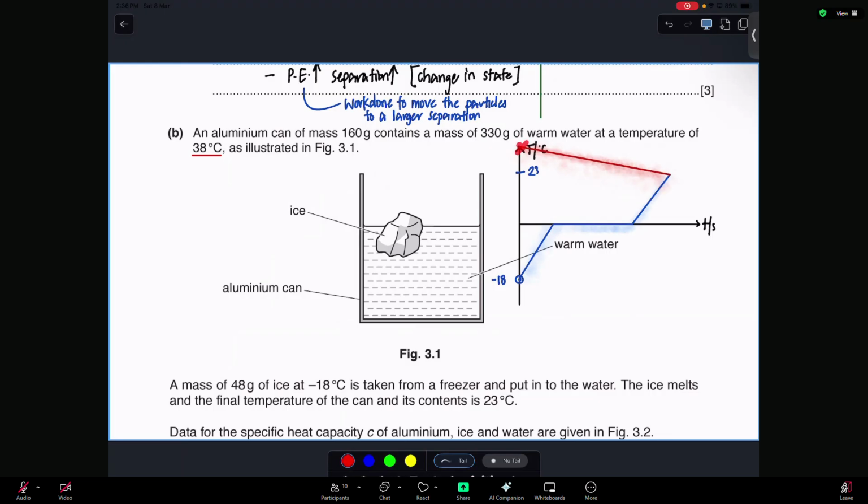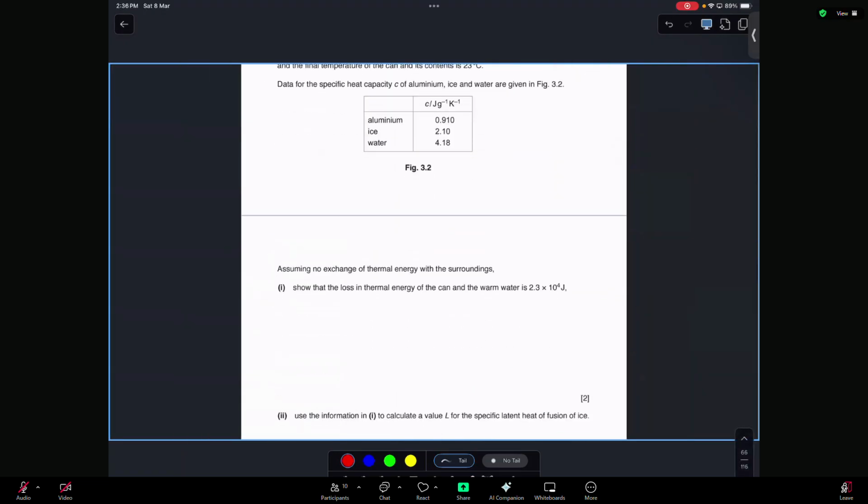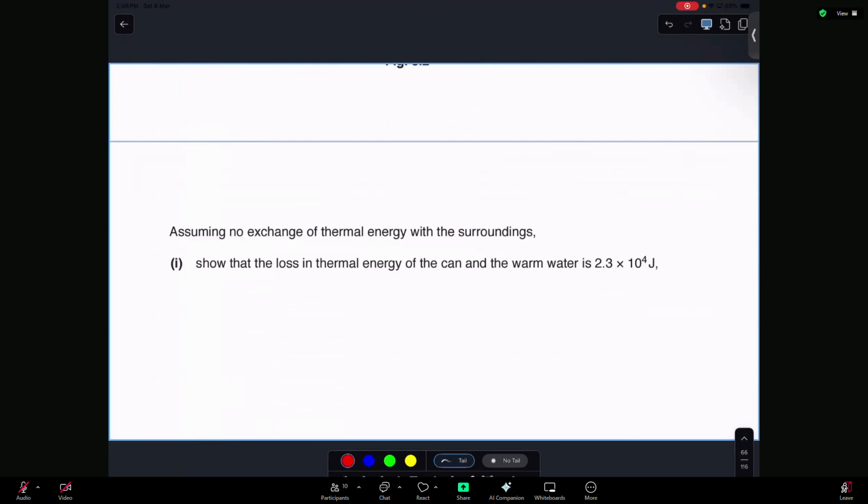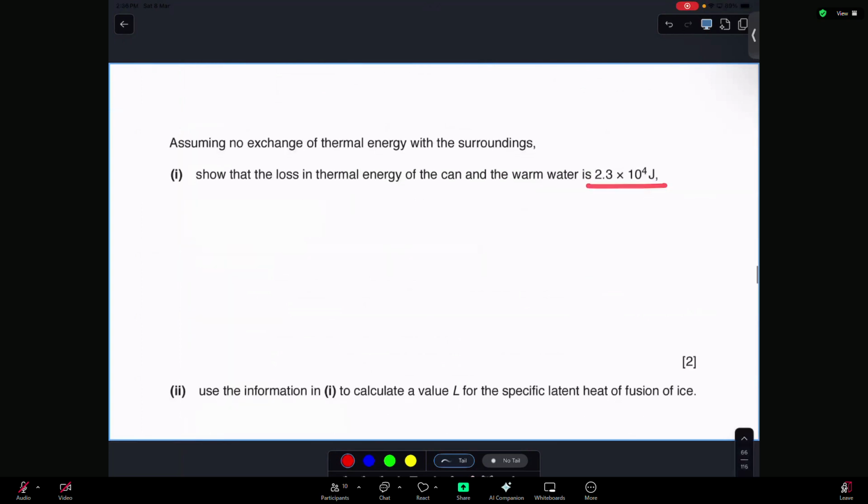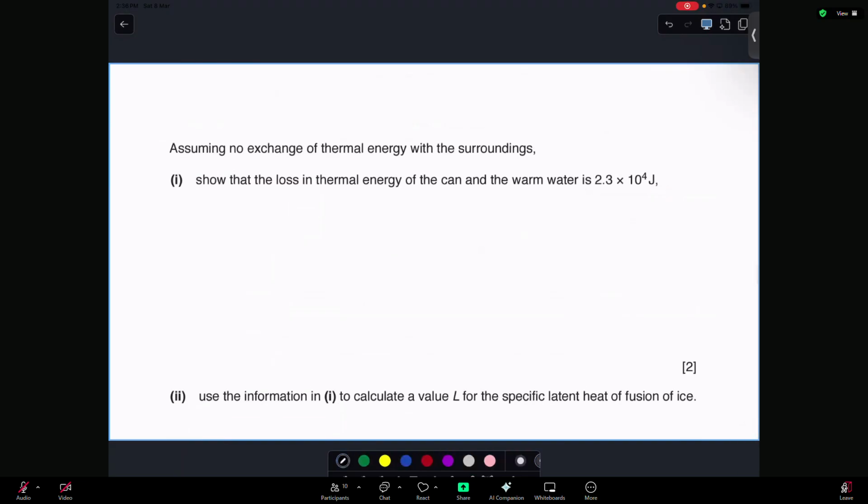What will happen here? The aluminum can is going to lose energy, and what else is going to lose energy here? The water, right? So there are two sources from where the heat is coming. আচ্ছা, আমরা কোয়েশ্চেনটা অ্যাপ্রোচ করি। Show that the loss in thermal energy of the can and the warm water is that. আচ্ছা, they're considering it together as one object. So কেমনে বের করবো এটা? হ্যাঁ, so let's write the statement here. কি হবে?